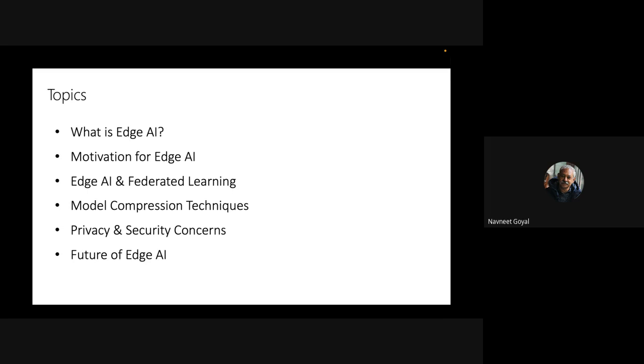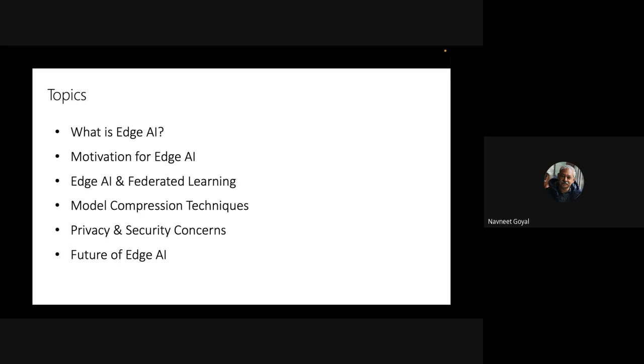When we talk about the future of Edge AI, we will bring these two concepts together and look at a few solutions where we need to use both technologies. Then we have model compression techniques. These are techniques that are used in Edge AI, and there are quite a few standard techniques which were used otherwise also, but they are becoming more prominent because of Edge AI.